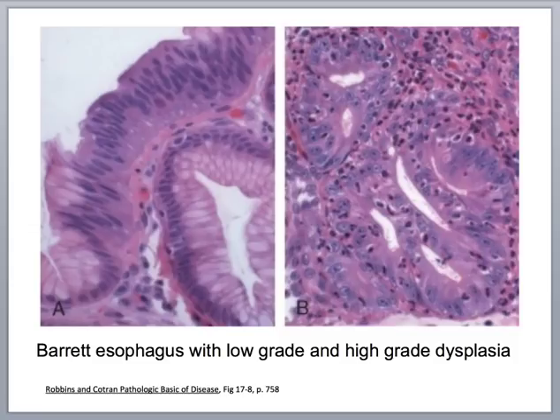In panel B, these changes also include nuclear enlargement, hyperchromasia, and loss of polarity. That is, loss of the nuclei typically located near the basement membrane, and there's increasing glandular complexity.